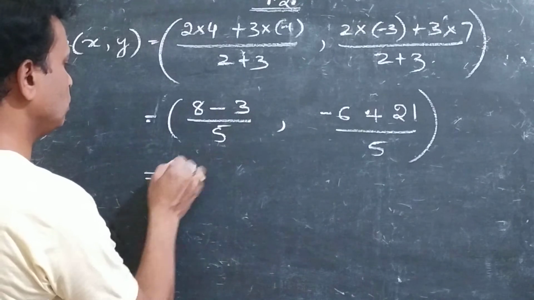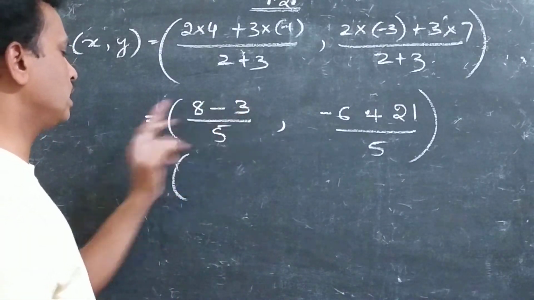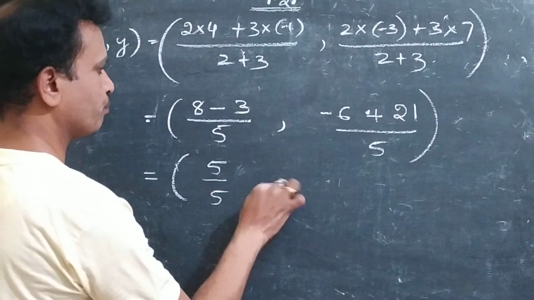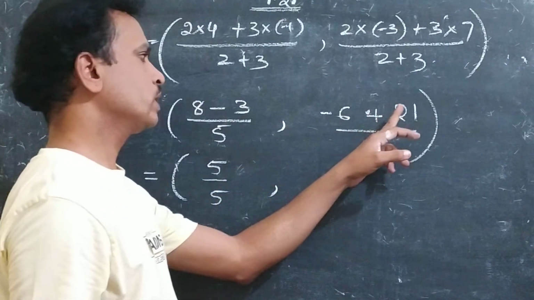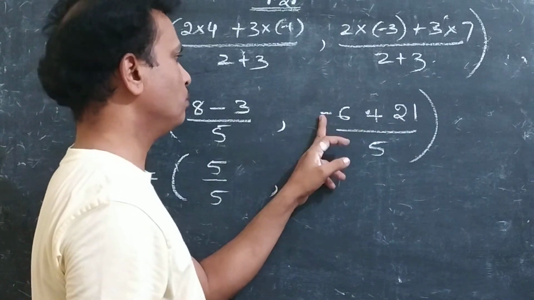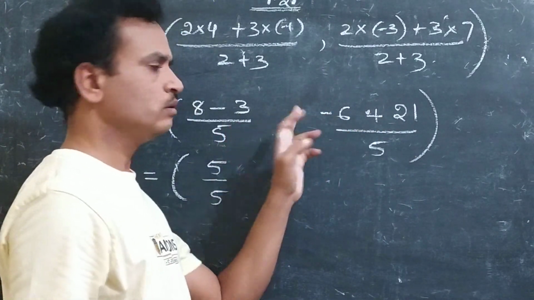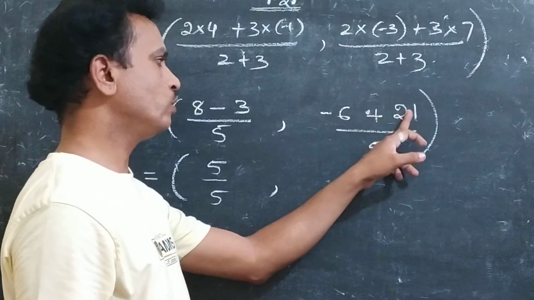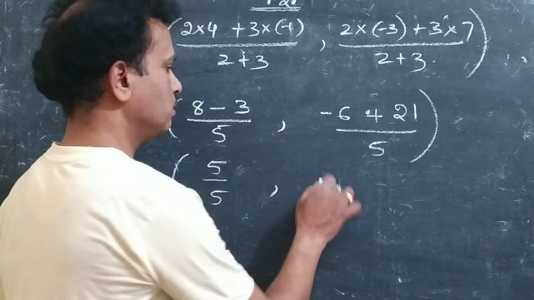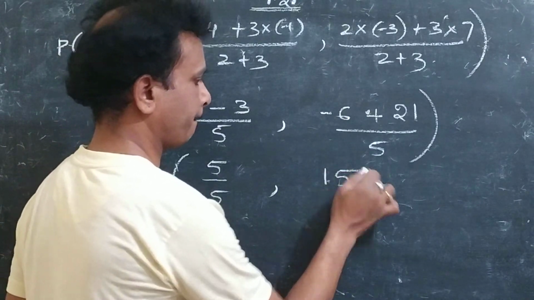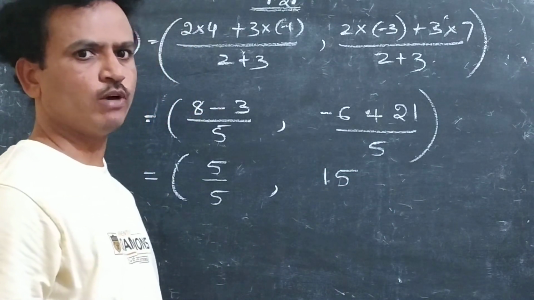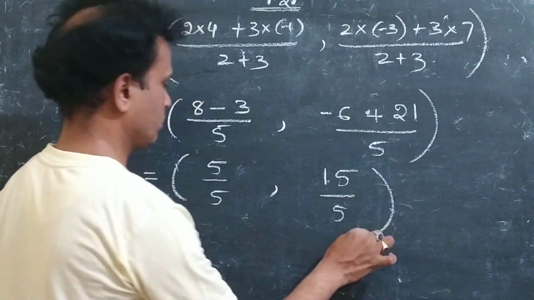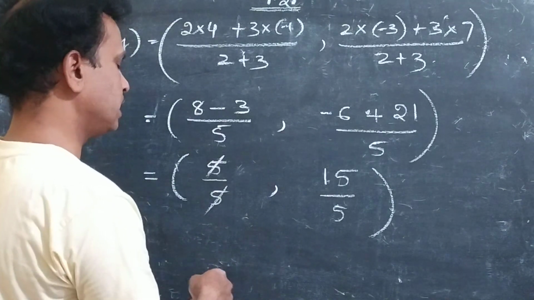This is equal to 8 minus 3, 5, divided by 5. Then 21 minus 6; both are opposite signs, so we have to subtract 21 minus 6, that is 15, divided by 5. 5 ones are 5, 5 threes are 15, so cancel it.